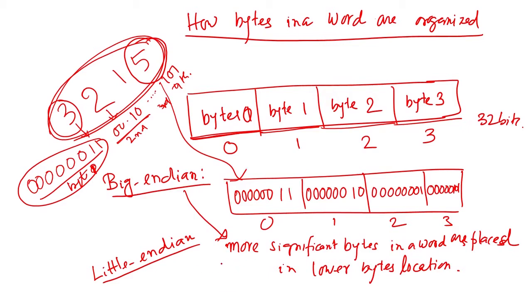So, the least significant byte will appear in the lower byte position.